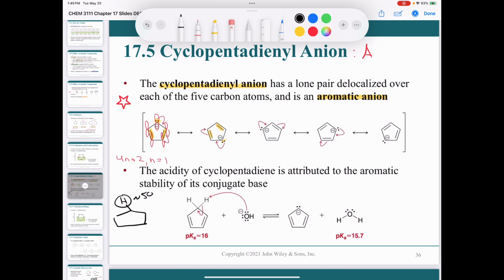But if you look at cyclopentadiene, it has a pKa of 16, pretty close to that of an alcohol. Why is it so low? Why is this proton so acidic? Well, the rationale is this: the reason that proton is so acidic is because once you remove it, you go from something that is non-aromatic to something that is aromatic.